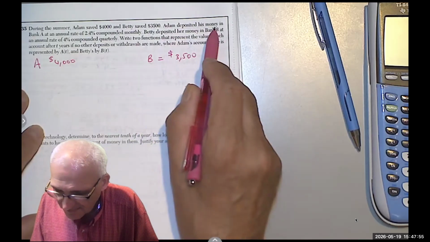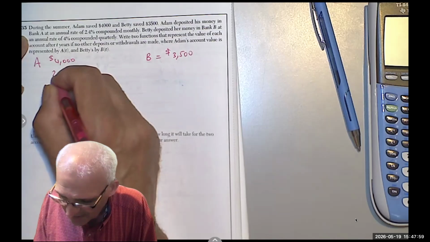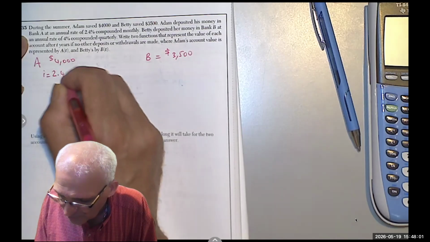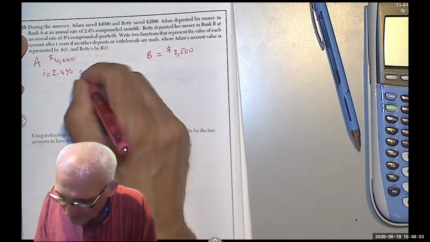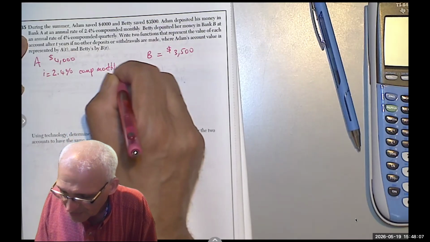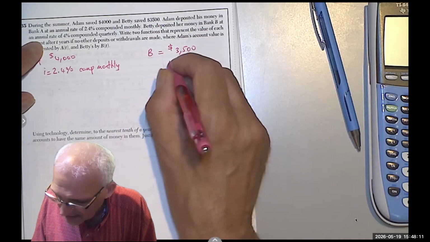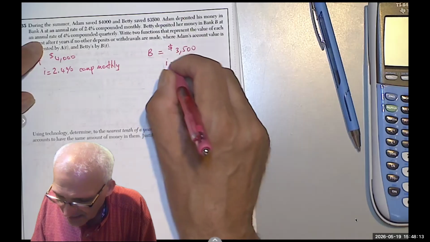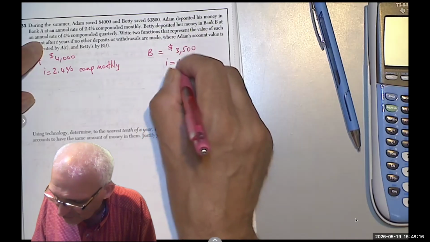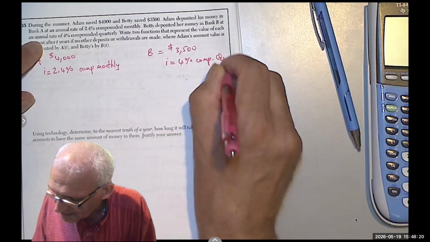Adam deposited his money in bank A at an annual rate I equals 2.4% compounded monthly. This is important. Betty deposited her money at an annual rate of 4% compounded quarterly.